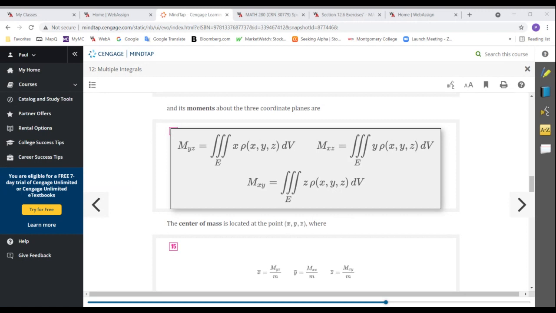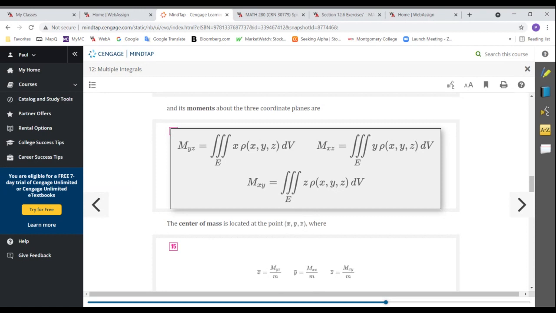For the moment about the YZ plane, you have an X in that formula. The moment about the XZ plane, you have a Y. And for the moment about the XY plane, you have a Z inserted in the integral.